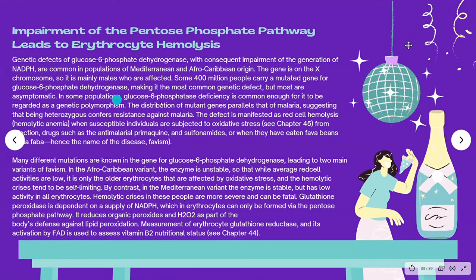In some populations, glucose 6-phosphate dehydrogenase deficiency is common enough for it to be regarded as a genetic polymorphism. The distribution of mutant genes parallels that of malaria, suggesting that being heterozygous confers resistance against malaria.